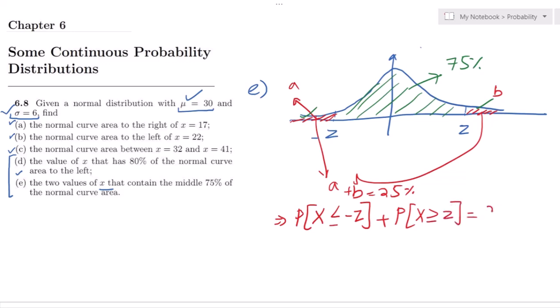This is the 25%. Similarly, as this is a symmetrical curve, each area here would be 12.5%, and this is also 12.5%. So this is half of the 25%.